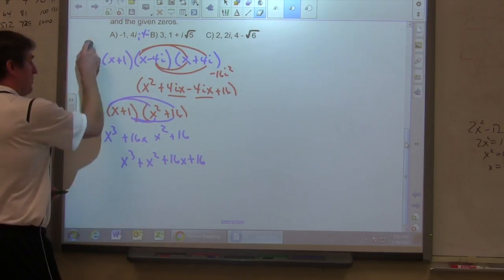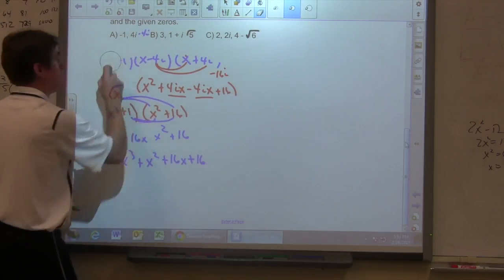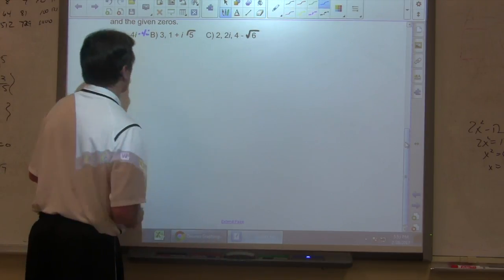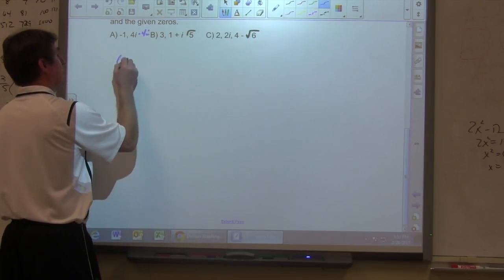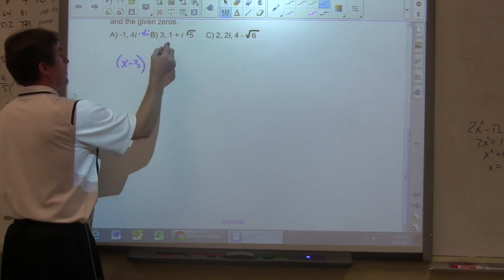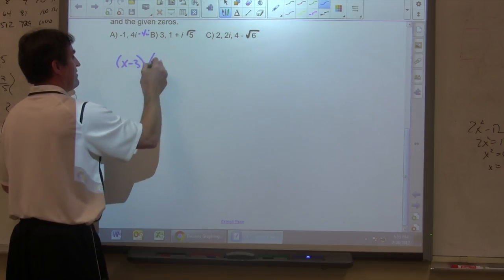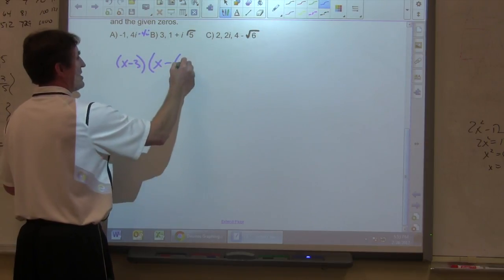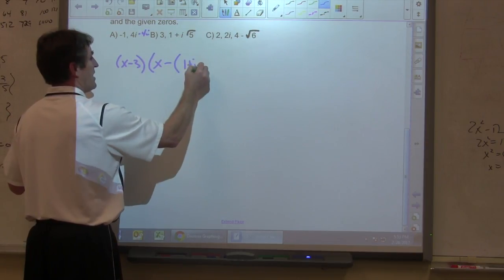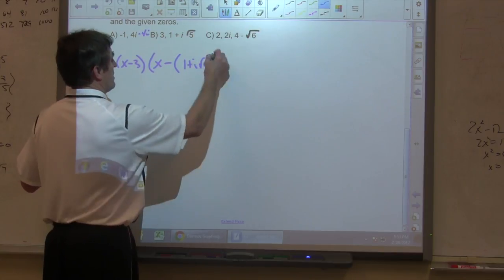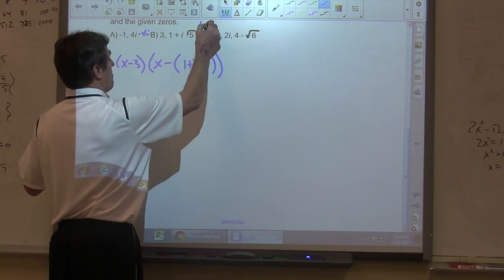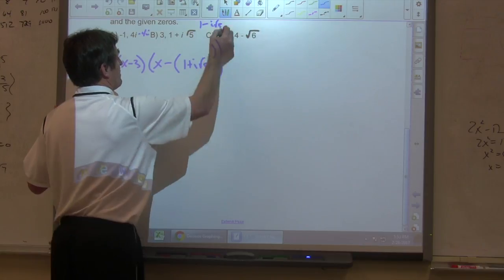The next one got a little more complicated. So we have 3, so we have x minus 3. We have 1 plus i square root of 5, so we have x minus, put it in parentheses, 1 plus i square root of 5. So now we have to have 1 minus i square root of 5.